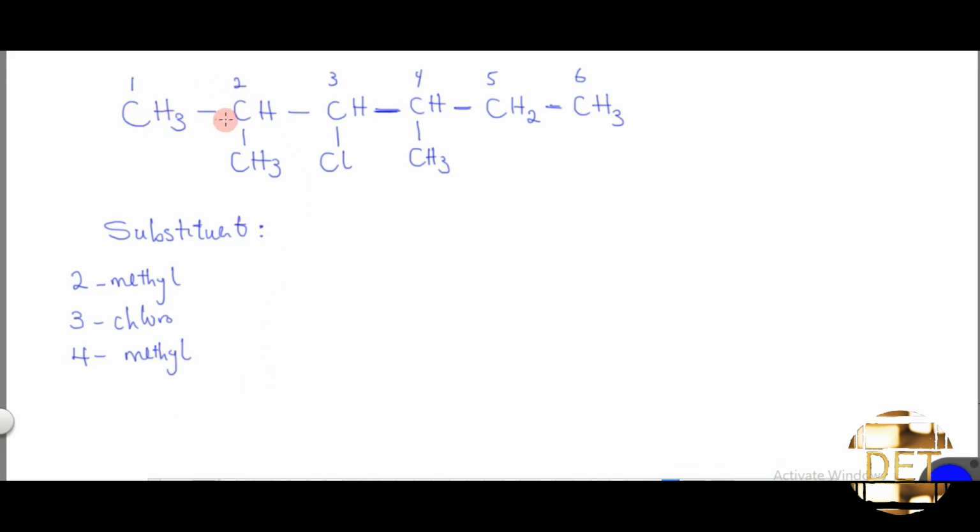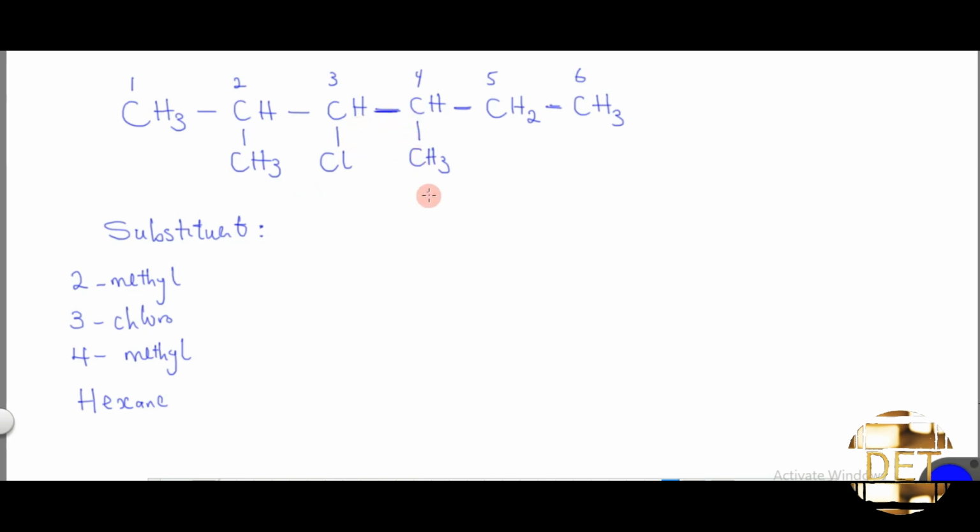So this compound, the parent compound is what? 1, 2, 3, 4, 5, 6. The parent compound is a hexane, six carbon atoms. So the parent compound is hexane.